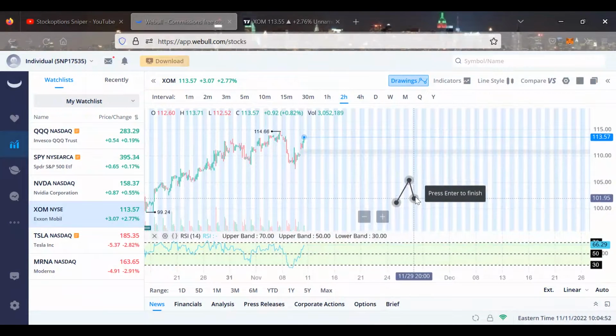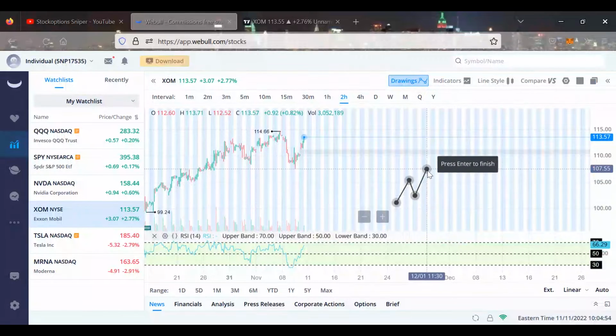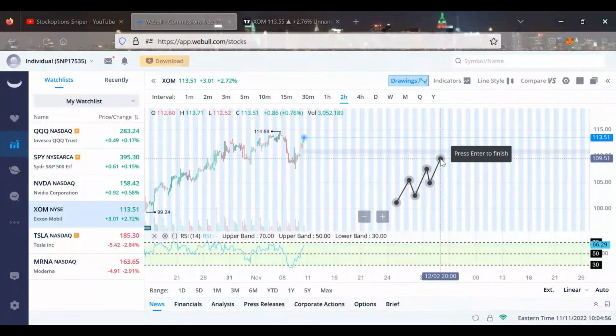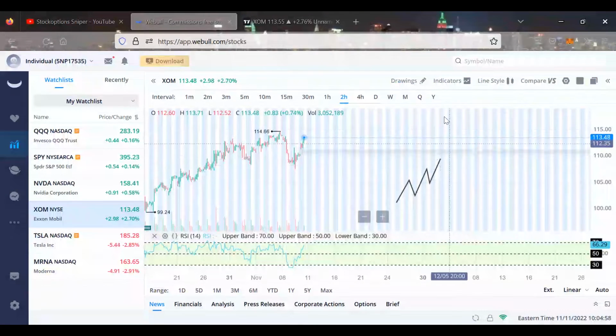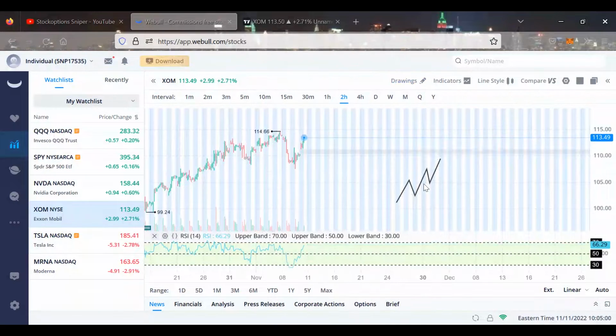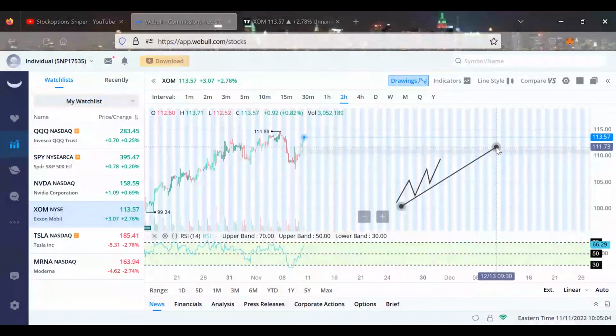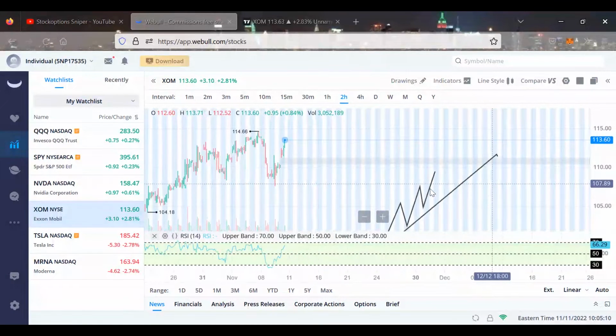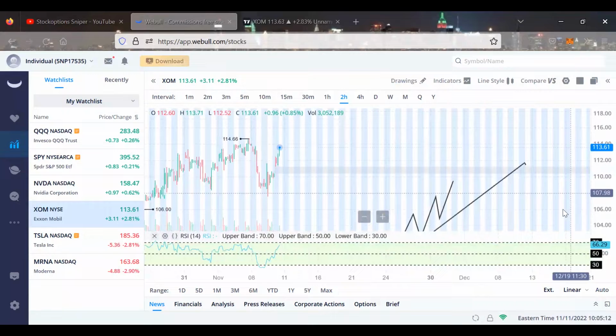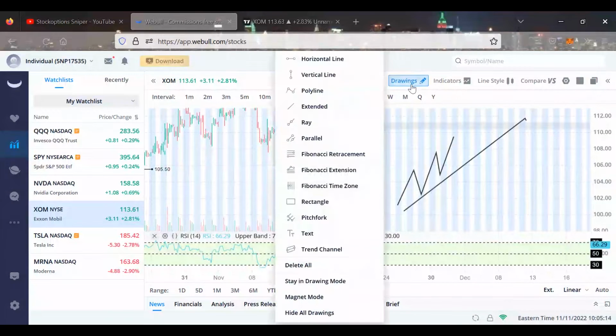What is the concept behind higher highs and higher lows? We understand it's an uptrend, we understand that it's bullish. However, what is really happening here? As you watched the video on liquidity, I showed you what's going on with liquidity.